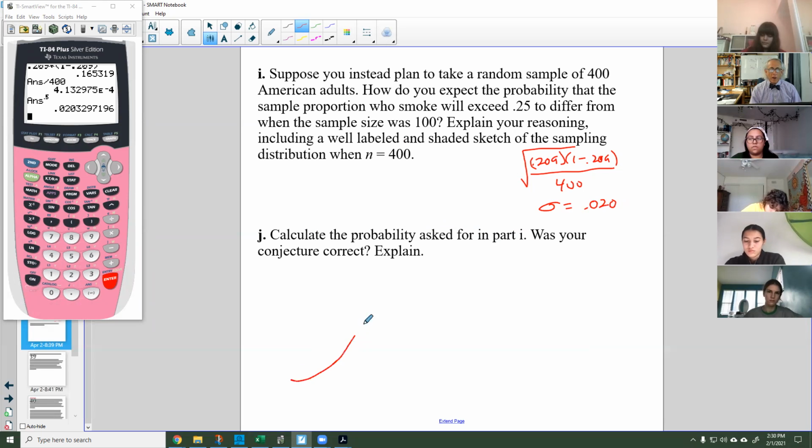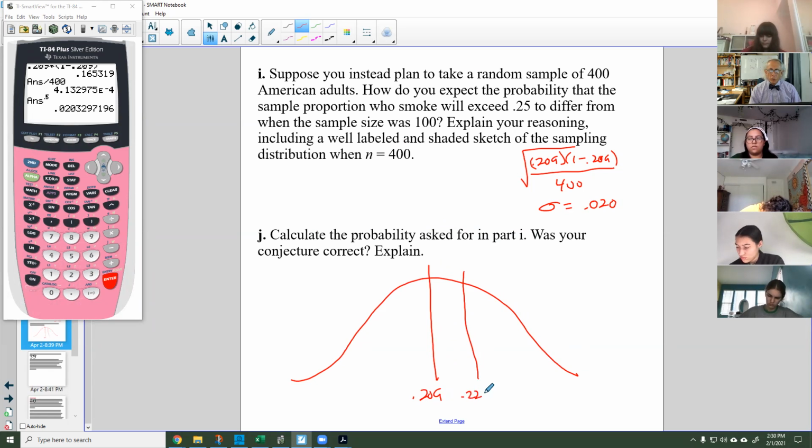So now I have my model: 0.209, then 0.229, 0.249, and 0.269. I'm just going to stop there.